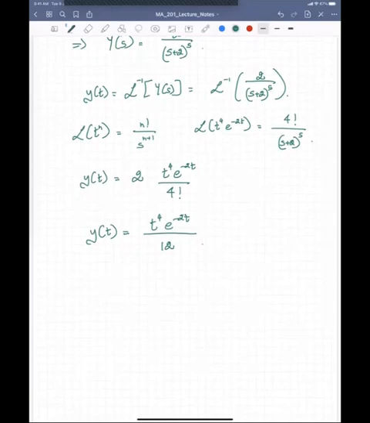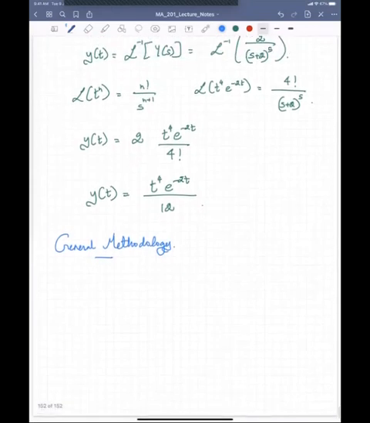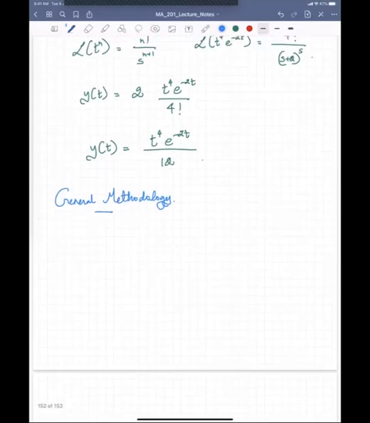Okay, so you can go ahead and solve the problem. I will sketch the general methodology, and I will also leave you with a problem that you can think on your own. So the general methodology is as follows, recapitulating what we just discussed. Suppose you're given the initial value problem, y double prime plus a y prime plus b y equals some r of t, where r of t, remember, is some input, some driving force or some input to an engineering problem.